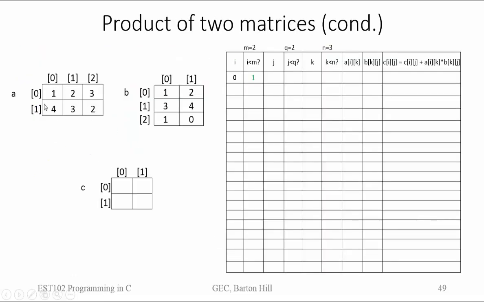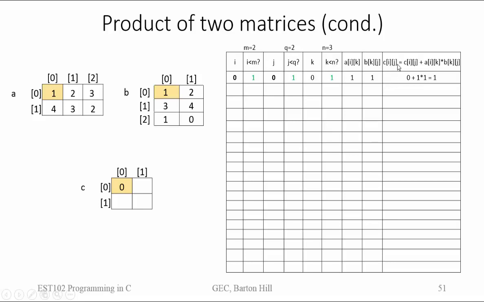Initially this was our matrix A, this is matrix B, and this was empty. Initially i was 0, i less than m, here m is 2, which is true. So it will go to the j loop. Now j less than q, here j is 0, 0 is less than 2, so it is true. So it will go inside the k loop, and here k equal to 0, k less than n equal to 3, 0 less than 3, it is true. So it will go inside the statement where we compute the value of C of ij.